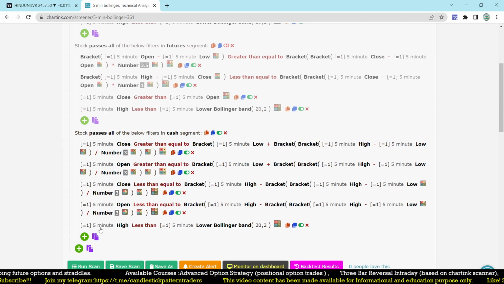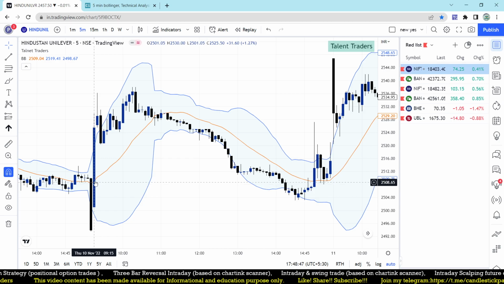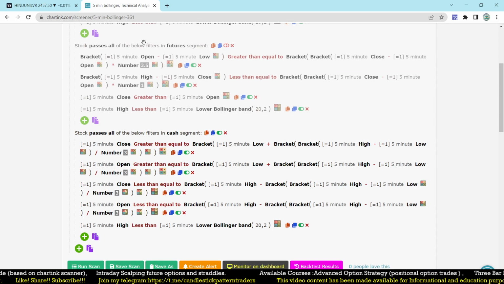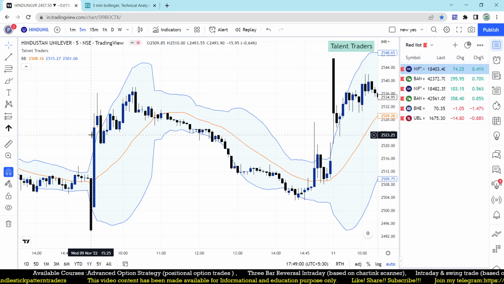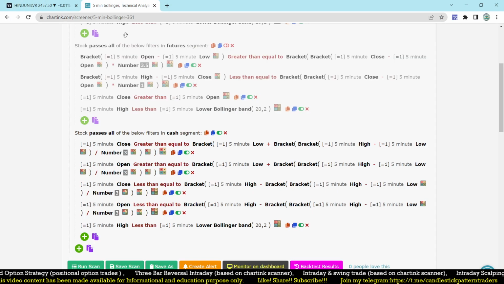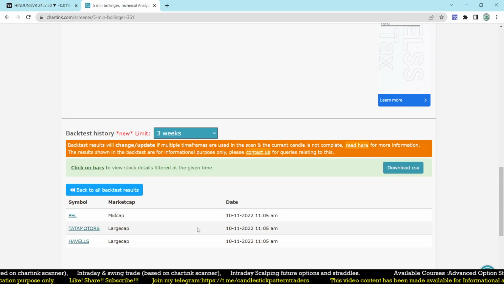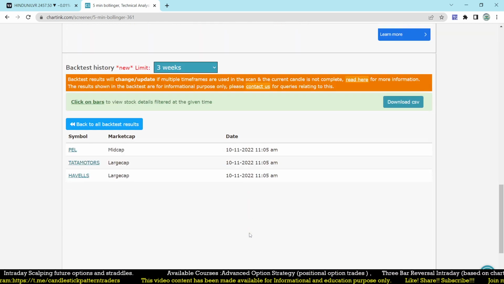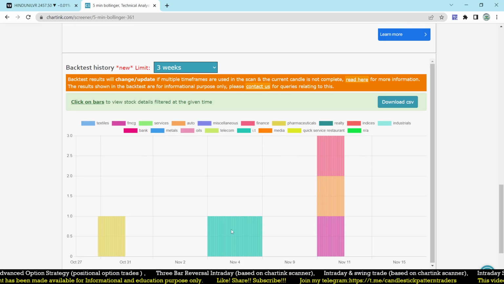Time frame. We are using 5 minutes, and we made a mistake. We are using equal to 1 candle, so the problem is that all through the day, whatever time frame you are checking, it will show only the same.